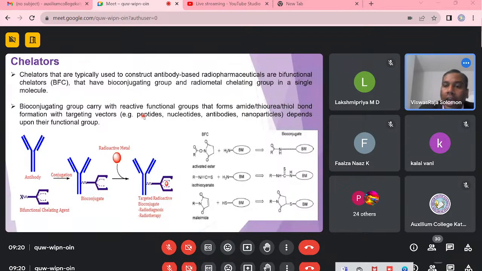Usually the protein has free amino functional groups. In the antibody case, there are several free lysines. It reacts with the free lysine amino functional group and forms different amide, thiourea, or thioether bonds, depending upon the functionality. If the reactive group has an active ester, it forms an amide bond. If the reactive group has an isothiocyanate, it forms a thiourea by reacting with the amine. If the reactive group has a maleimide, it forms a thioether.